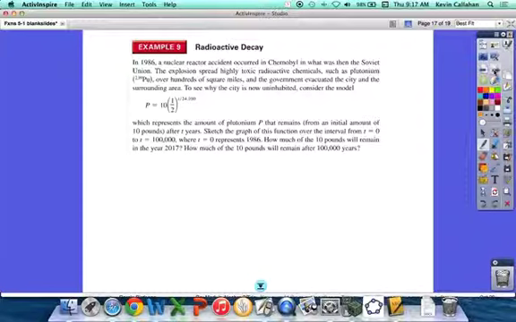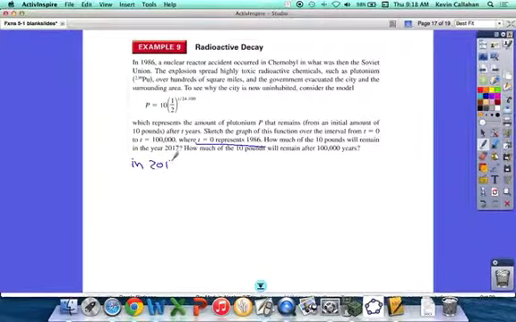Okay, now t equals 0 is 1986. So in 2017, what will t equal? How would you figure out the t if t equals 0 was 1986 and we're trying to calculate for 2017? Subtract, right?